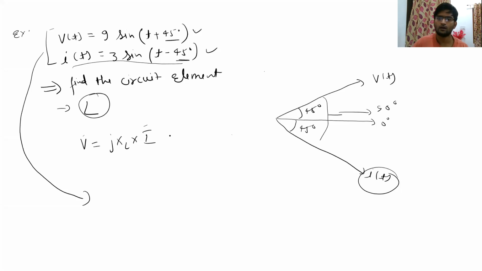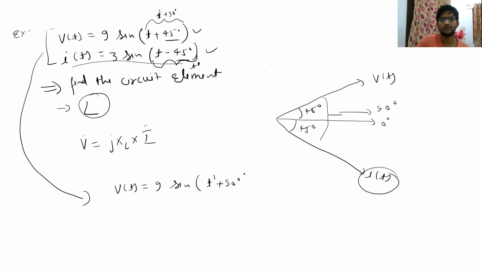So I actually wrote it in a wrong way. Let me call this t minus 45 degrees as t dash. So what will this become? If t minus 45 degrees is t dash, then t plus 45 degrees is t dash plus 90 degrees, right? So we can rearrange this equation as Vt is equal to 9 sine (t dash plus 90 degrees), and It is obviously 3 sine t dash.